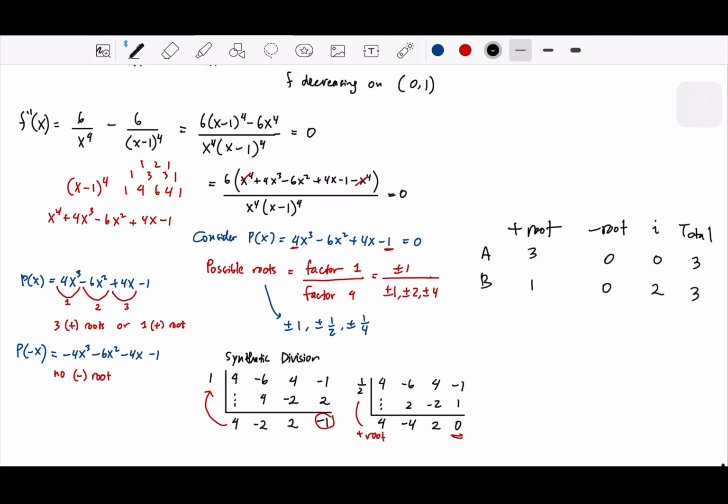That should be 2 to make the total 3. So this is how we observe polynomials. When we try to find roots in polynomials, we might encounter something like this x cubed. If you can factorize, that's okay. But if it cannot be factorized easily, this is a method that I can suggest.